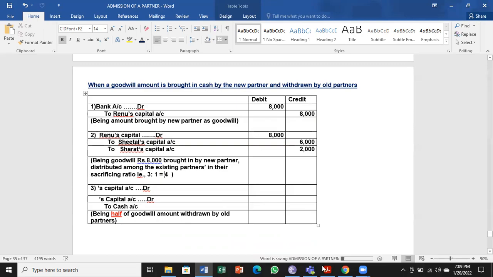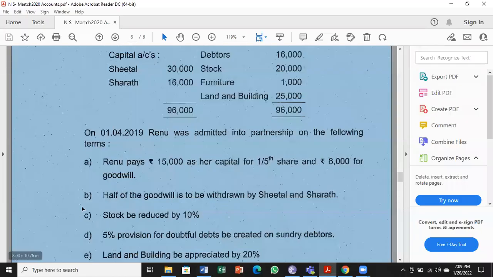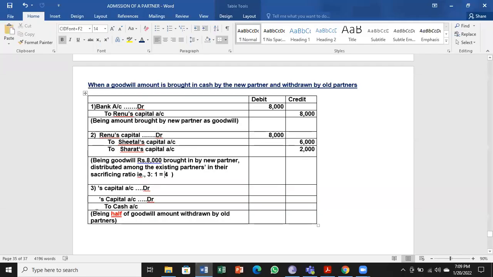The next is very important. Adjustment B. That means goodwill brought in has two entries, remember. And for the adjustment B, only one journal entry. Half of the goodwill is to be withdrawn by Sheetal and Sharat.